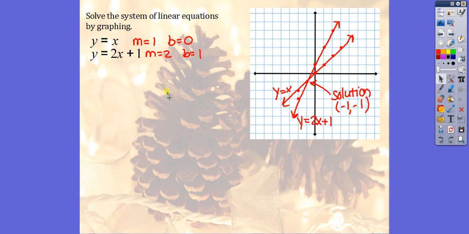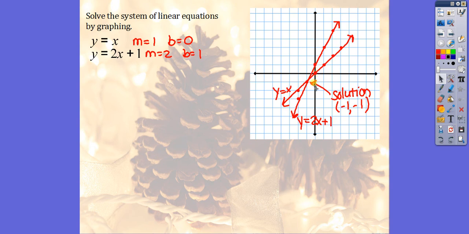This one is a little bit simpler. The numbers are smaller. You graph them, and so a y-intercept of 0 and a slope of 1, so up 1 over 1, and reverse down 1, back 1, down 1, back 1. And I did the same thing for this one because if I just started here and went out into quadrant 1, they would have never intersected.